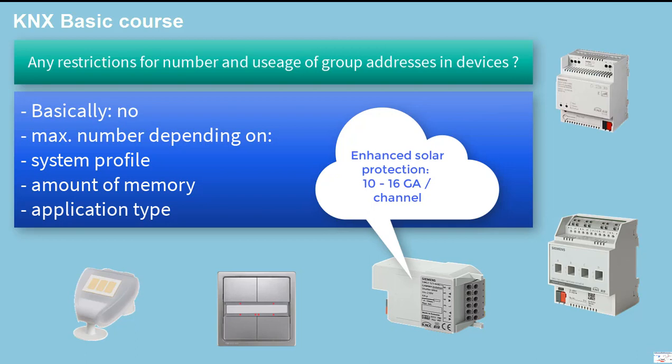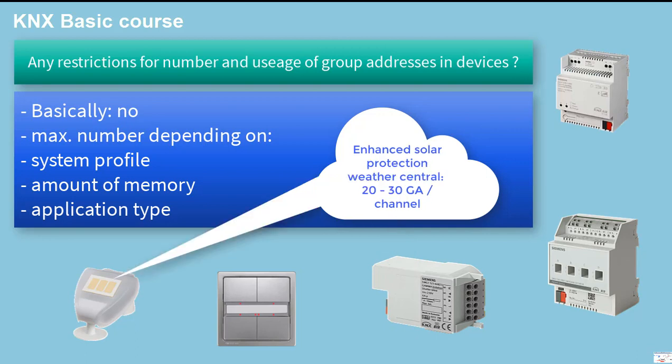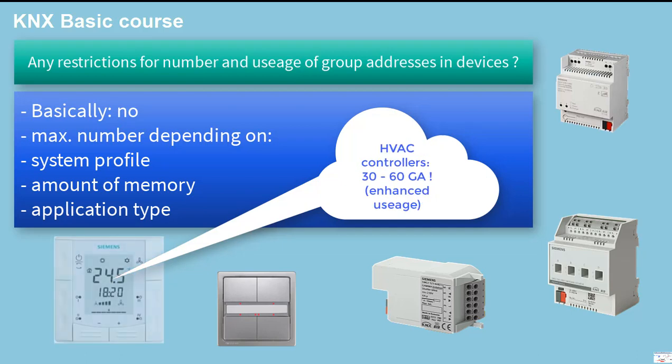Modern solar protection actuators have even more, if they are integrated in an automatic system controlled by weather centrals. The biggest number of group addresses are required by climate controllers for heating, chilling, and ventilation control. Compared to them, 256 group addresses suddenly become quite a small figure.